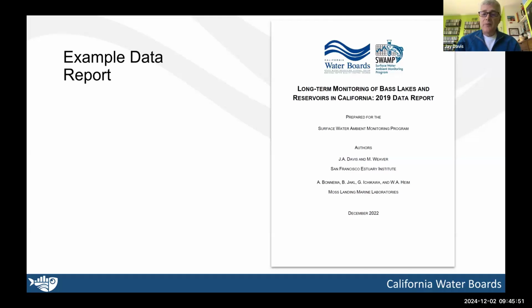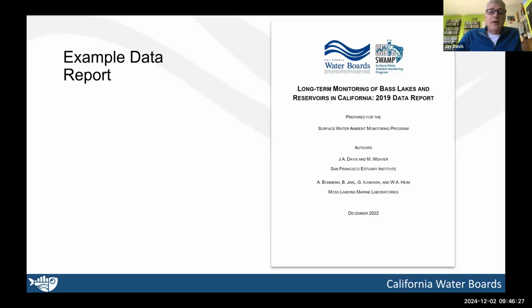And this is a data report, so it's not getting into interpretation that much. The goal of it is just to provide good documentation and presentation of what data was generated in this sampling year. I'm working on an interpretive report for the Bass Lakes monitoring. There will be a draft of that in about a month, and that'll be sent out for review in early January.